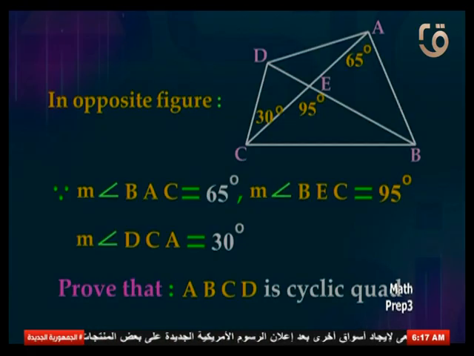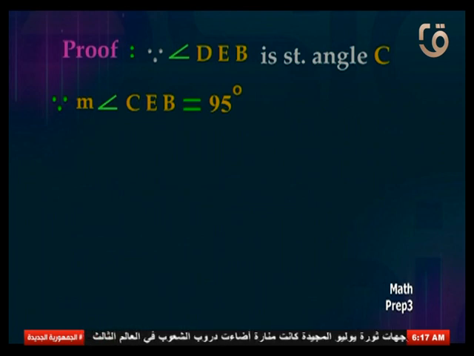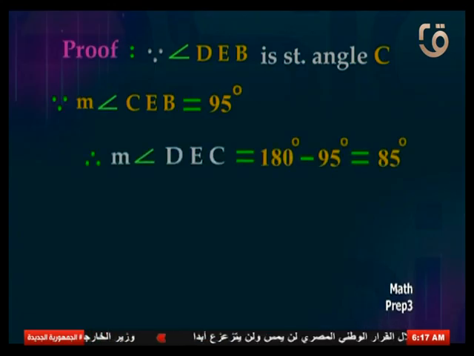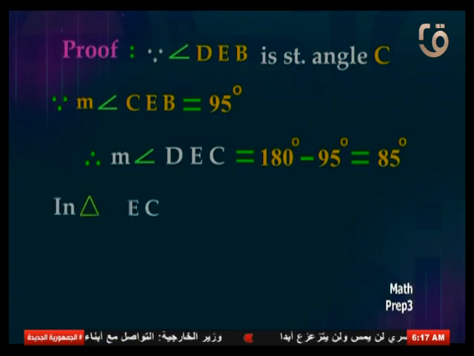Then, as the diagonals are joined, you are going to try to find a relation between two angles having the same base and on the same side equal in measure. Then, as angle DEB is a straight angle, and as measure angle CEB equals 95 degrees, then measure angle DEC equals 180 minus 95 equals 85 degrees.